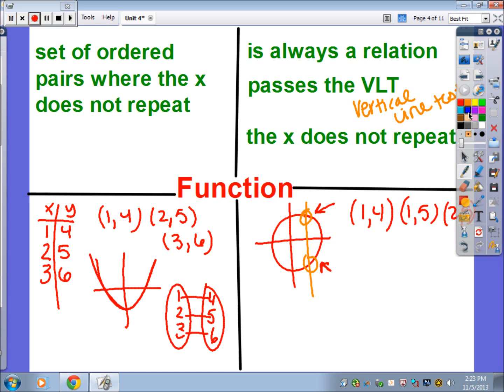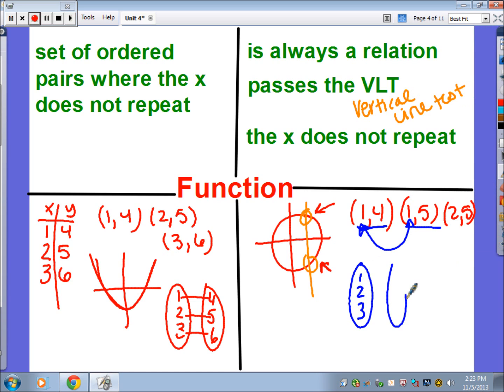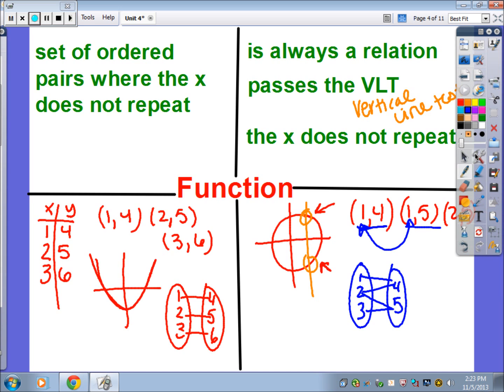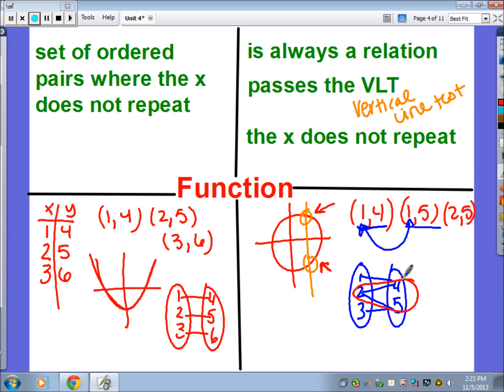It only violates it here where the 1s repeat. And you can have 1, 2, 3, 4, and 5. And if our 2 goes to both 2 and 4, that violates the rules of a function.